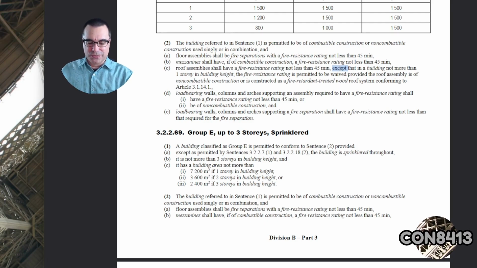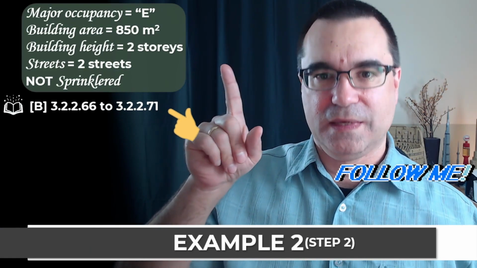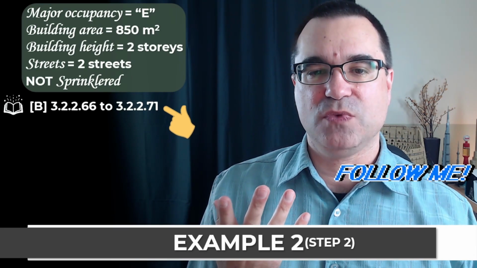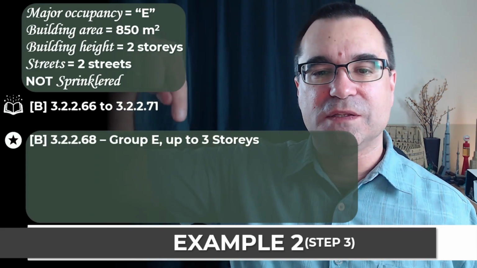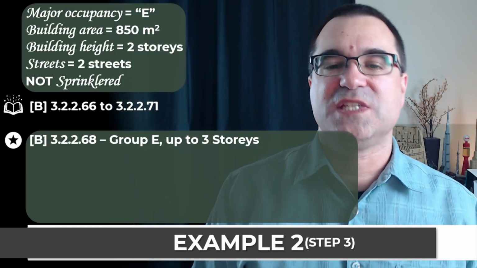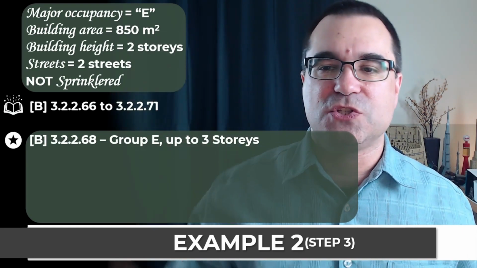So that's good news because it means that we are able to find the details for this building according to the 5 ingredients we found. The ingredients here align with the contents of Article 3.2.2.68, Group E, major occupancies up to 3 stories.